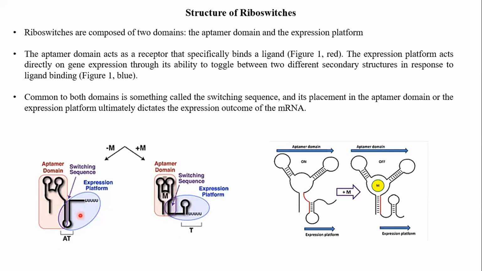So the switching sequence is a part of the anti-termination loop as well as the termination loop. This is important because these two structures in the expression platform are exclusive. Exclusive means if one forms, the other cannot form. If the anti-termination loop forms, termination cannot form, and vice versa.